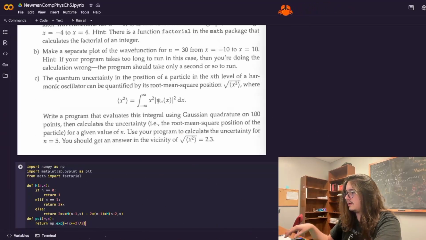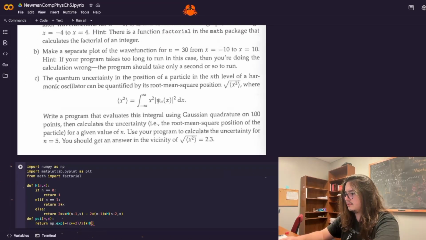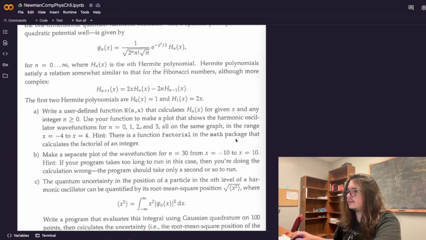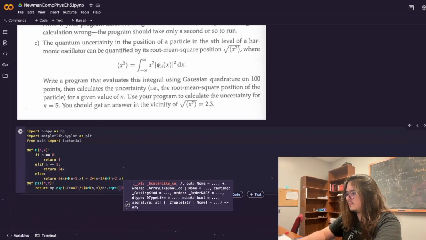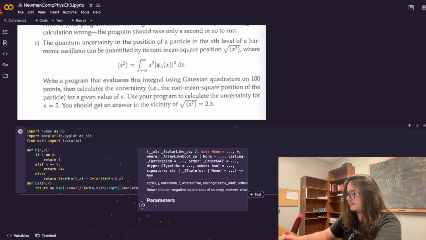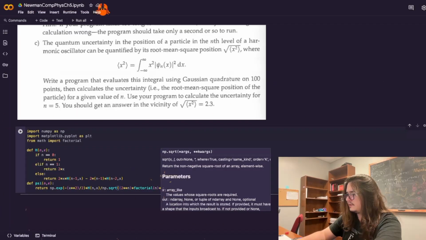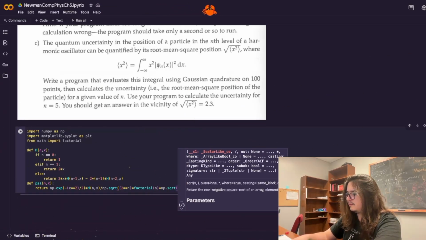And then it's times the Hermite polynomial, h of n comma x, and it's divided by a square root: numpy square root of 2 to the n times n factorial times the square root of pi. So 2 to the n times factorial, times numpy square root of numpy dot pi.